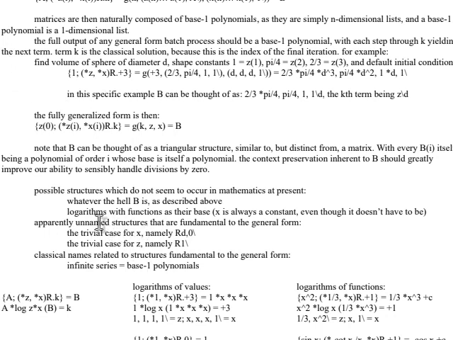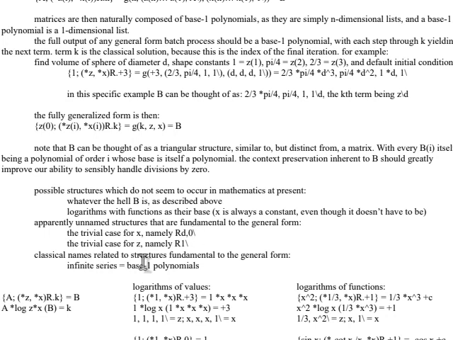So the trivial cases for x and z. For z, that's just ones, a base 1 polynomial with all of the terms being 1. All of the terms being identity. That should be a 1 right there, I think. The trivial case for x, so we get some value repeated to the left forever after an initial identity term.